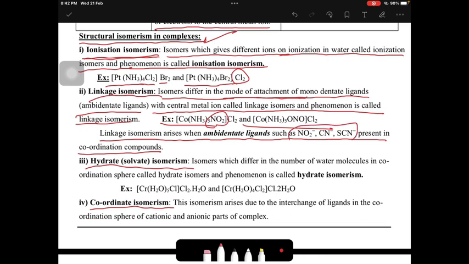Only with these will the compound show linkage isomerism. Hydrate or solvate isomerism: isomers which differ in the number of water molecules in the coordination sphere are called hydrate isomers, and the phenomenon is called hydrate isomerism.